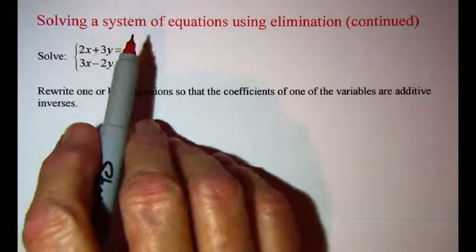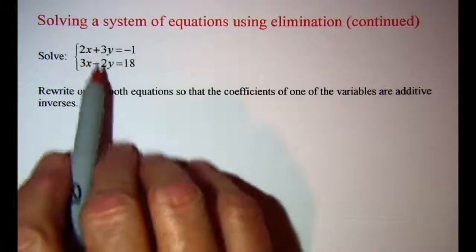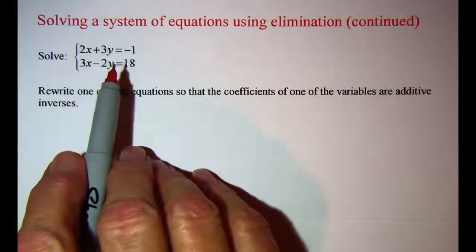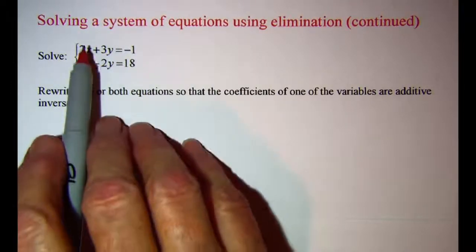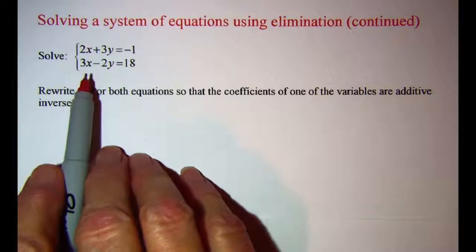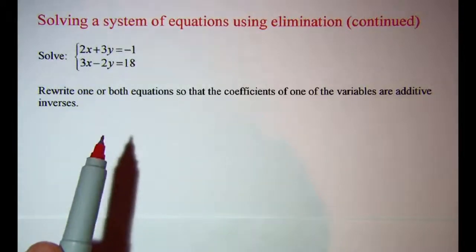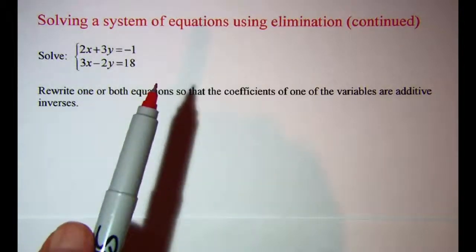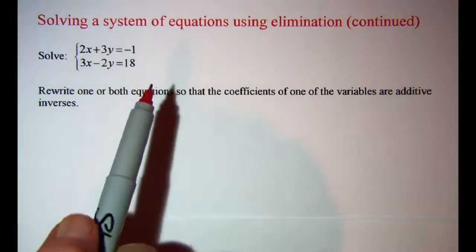So in this example, we're going to solve this system using elimination. Again, remember you want to rewrite one or both of the equations so that the coefficients of one of the variables are additive inverses.